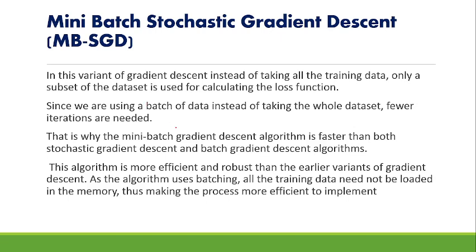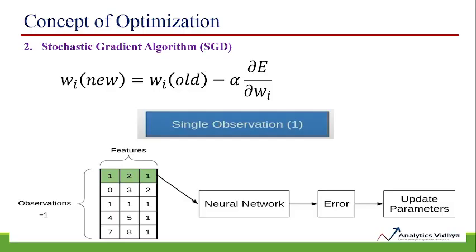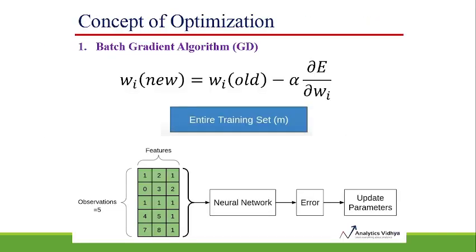So mini batch stochastic gradient descent is trying to merge the benefits of both previous descent algorithms. Mini batch gradient descent, let me again explain this with a graphical representation.